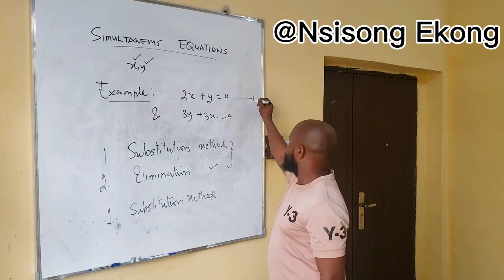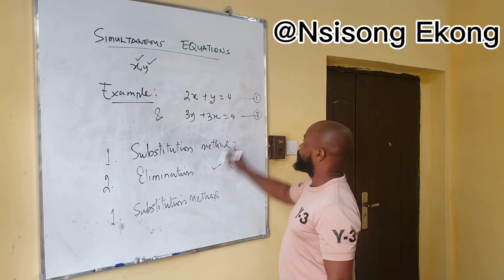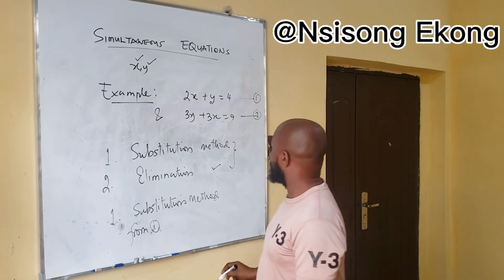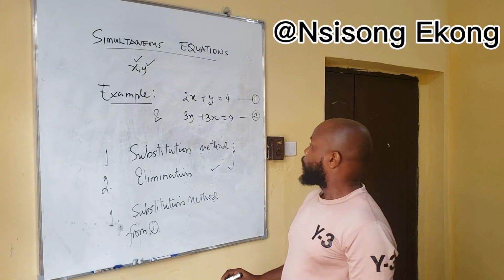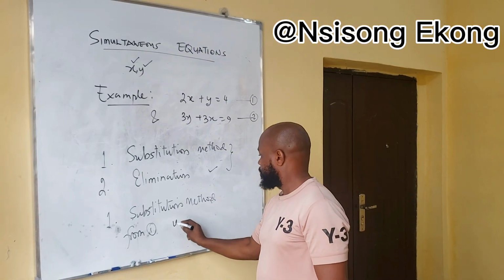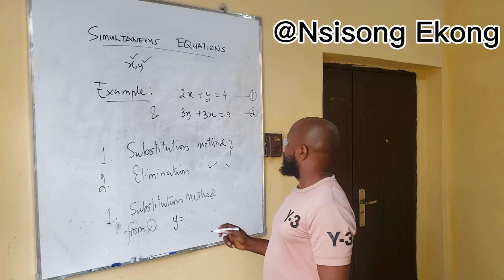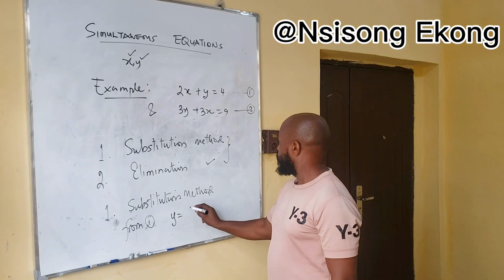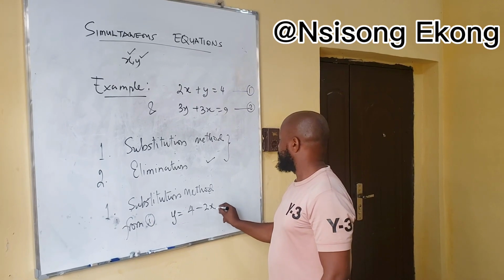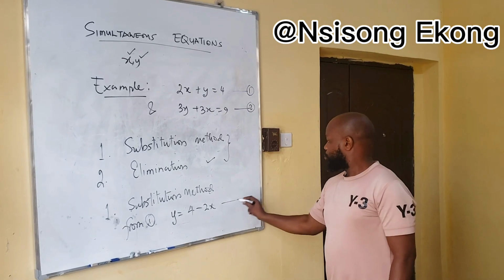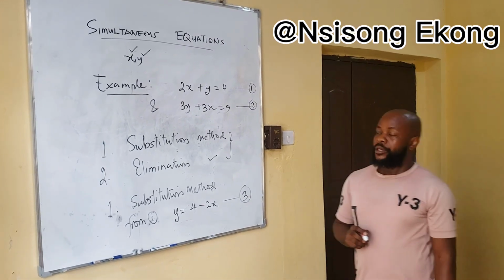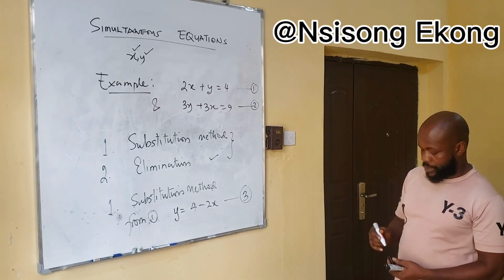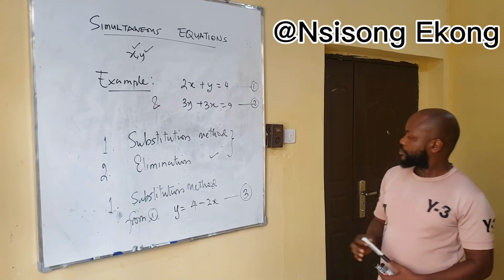If we call this equation 1 and this equation 2, from equation 1, making y the subject of the formula, we subtract 2x from both sides of the equation, and we have y equals 4 minus 2x. We call this equation 3. We label this equation for convenience so that we can make reference to it whenever we want to use it in solving our problems.